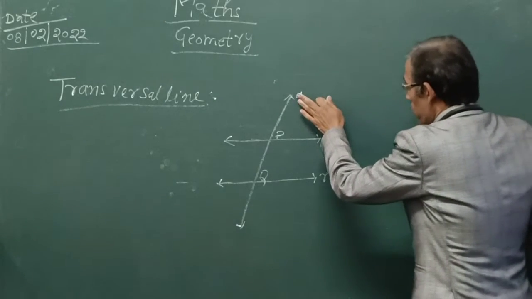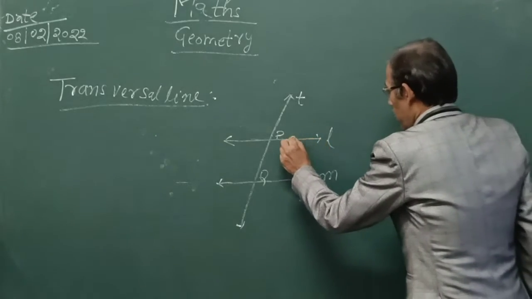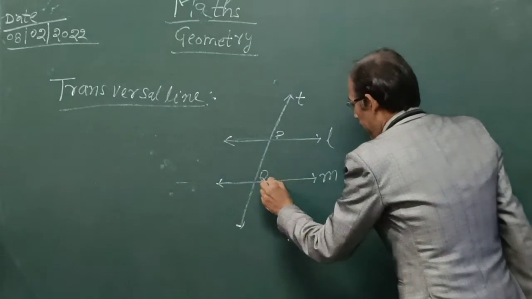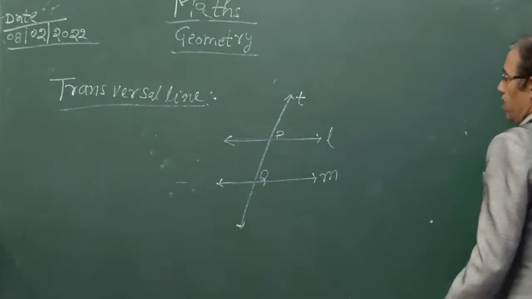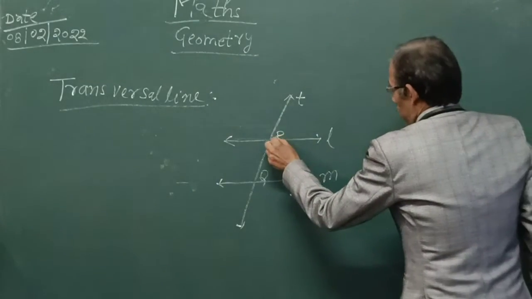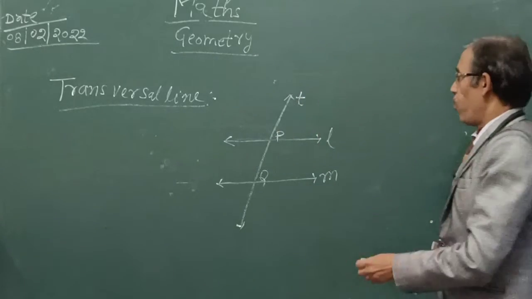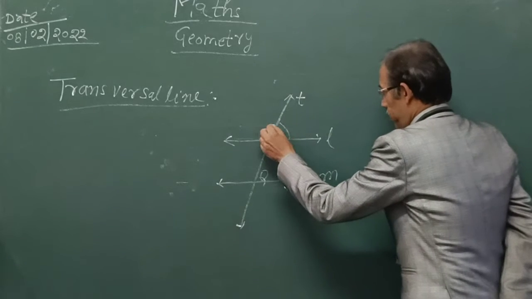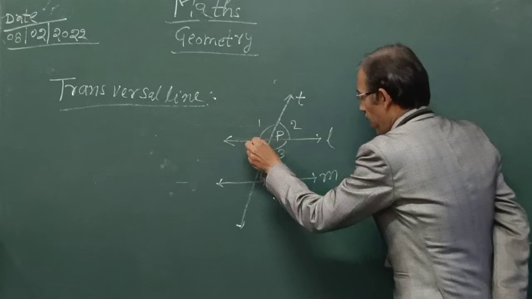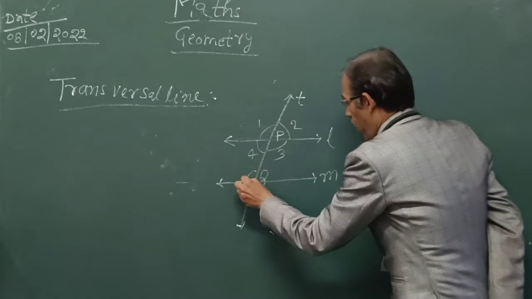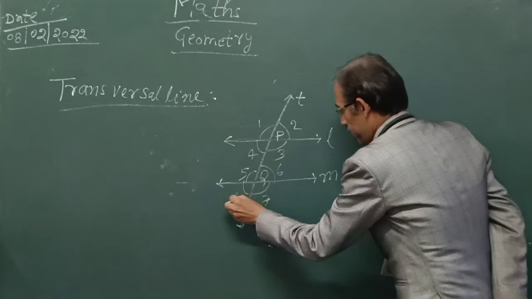Next, this transversal T intersects lines L and M at two distinct points P and Q. Eight angles are formed, which means four pairs of angles are formed: angle 1, angle 2, angle 3, angle 4, angle 5, angle 6, angle 7, angle 8.